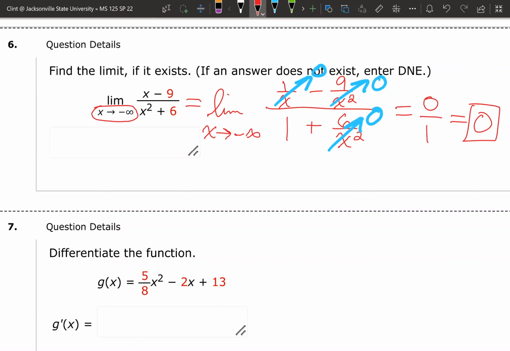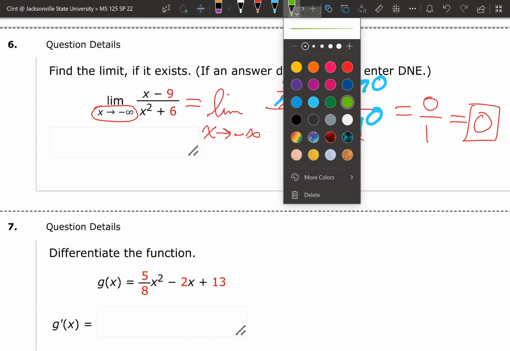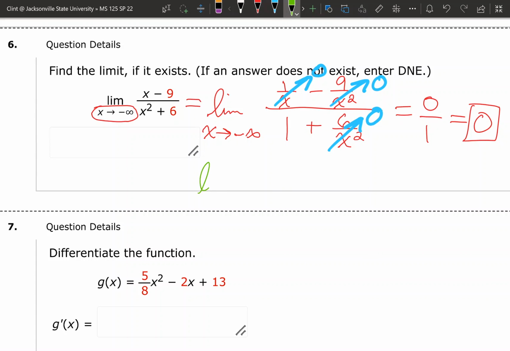If you were going to do L'Hopital's rule, which you could, then we would have the limit of 1 over 2x, and then that's just 1 over infinity, right? So that would go to 0.